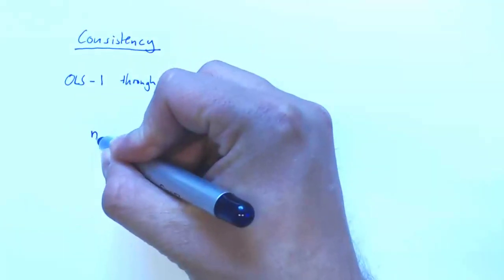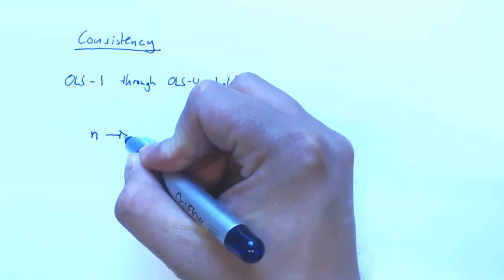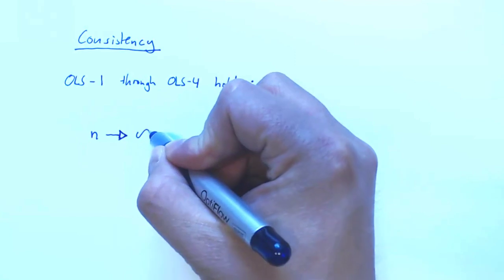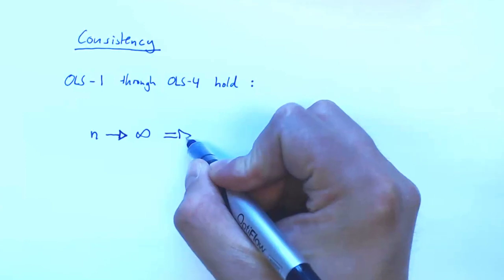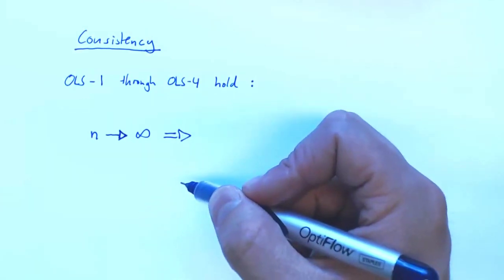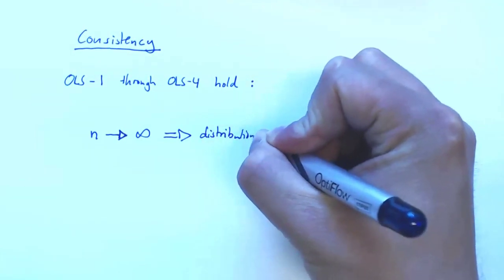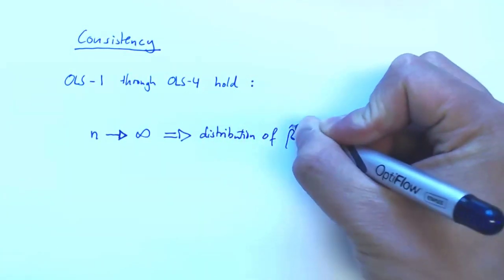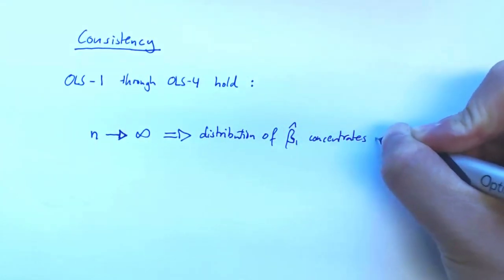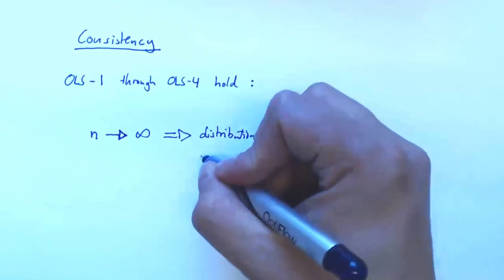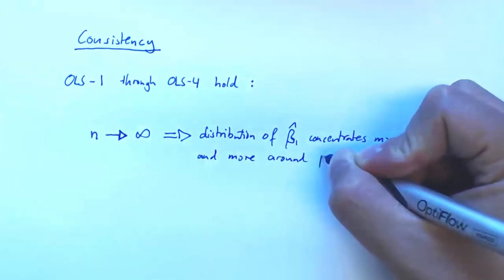So we take the sample size n to be bigger and bigger, and we keep increasing it, or mathematically we write it as we take n to infinity. And as we continue this process, what happens is that the distribution of beta 1 hat concentrates more and more around the true value, beta 1.